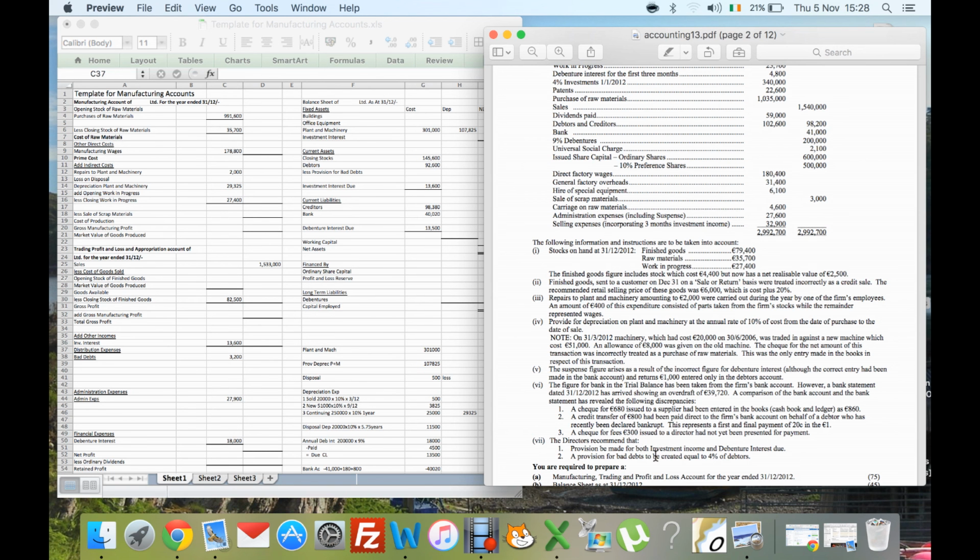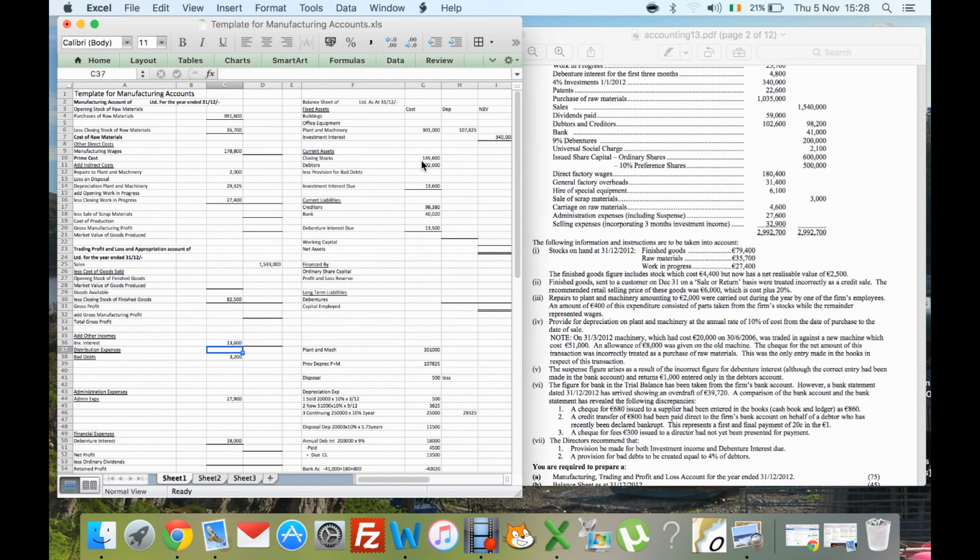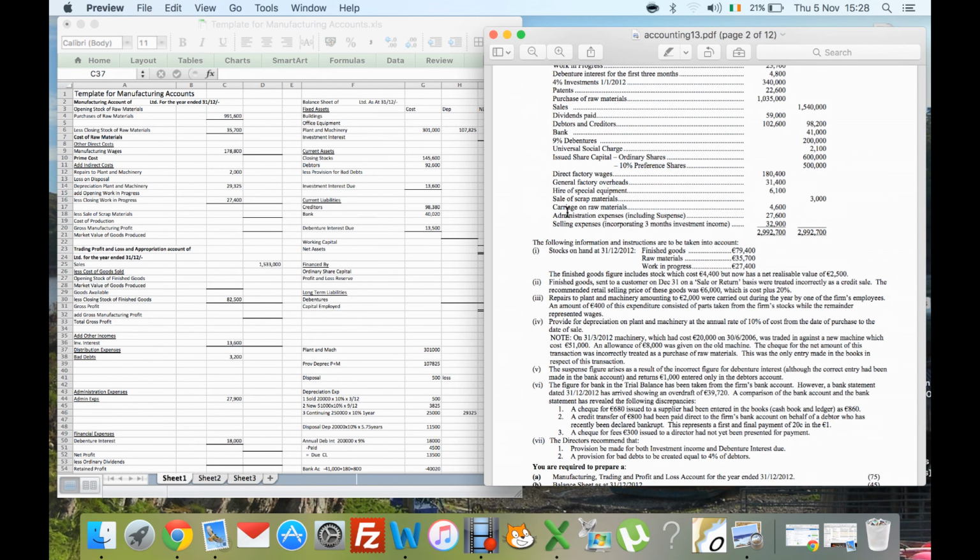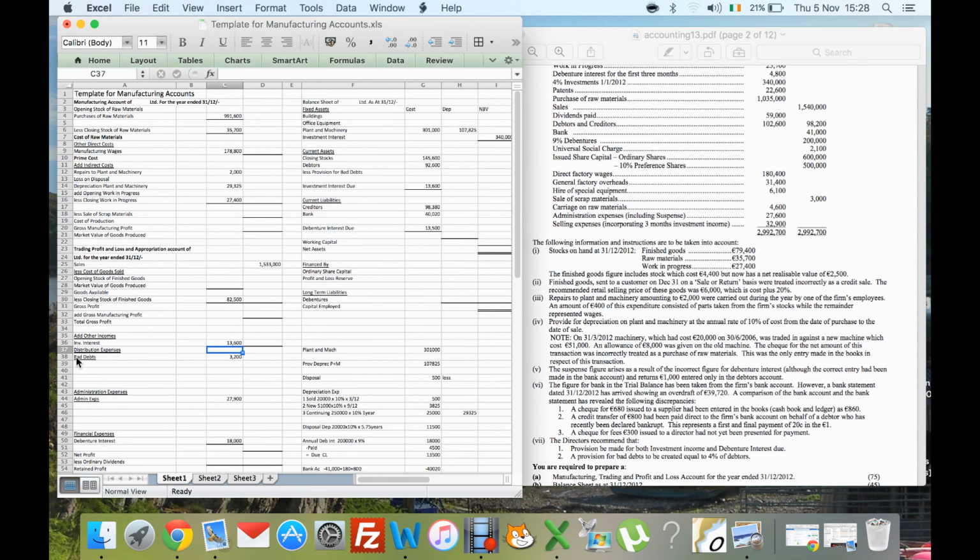And provision for bad debts to be created to 4% of debtors. So my debtors at the moment is this. I have no provision at the moment. So when I create my provision, that will be included as another expense, and I'm going to put it in with my distribution expense, because these debtors are people who I sell goods to.